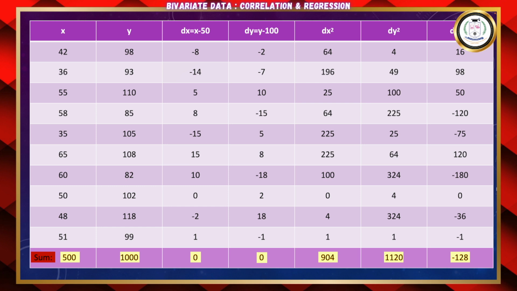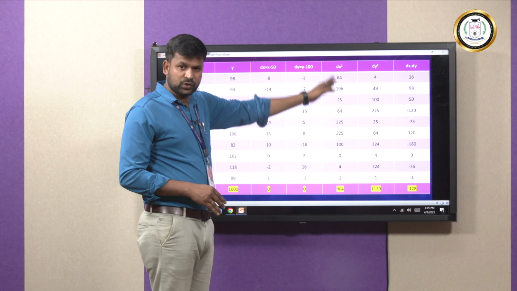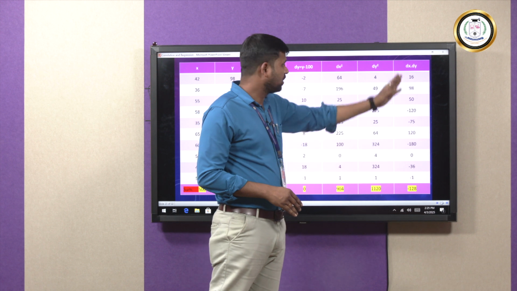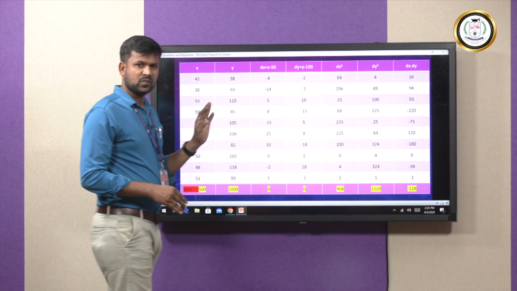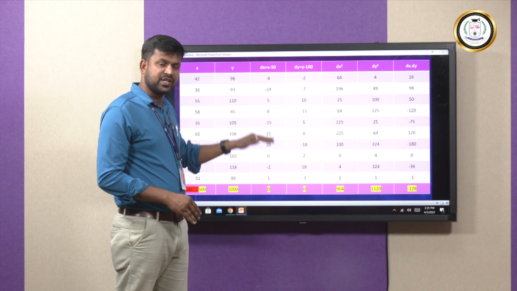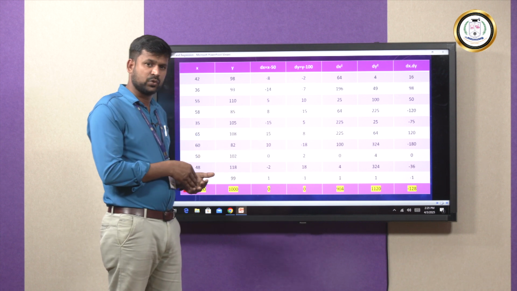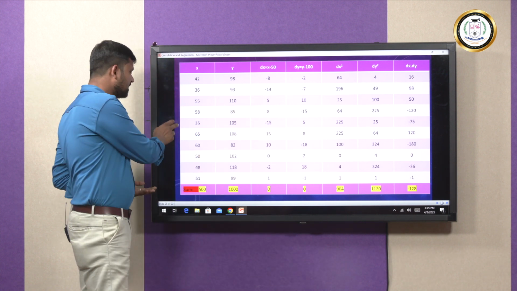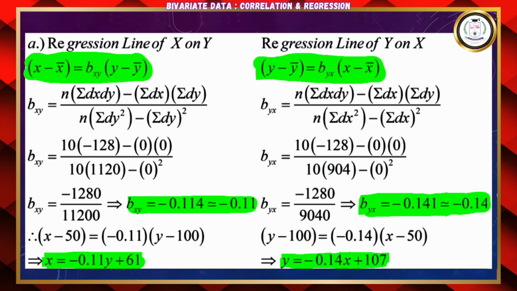Dx will be the x minus x bar value, dy will be the y minus y bar value, and square those terms: dx square, dy square, dx into dy. Once you have done this, substitute all these values into the equations we have already applied to the data which is less than 20. Look at this regression line or regression equation of x on y as well as y on x. As usual, the same formulas, bxy, byx formulas, substitute all the data.